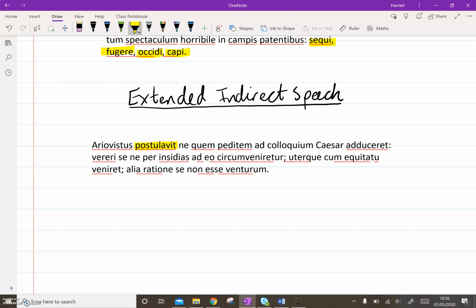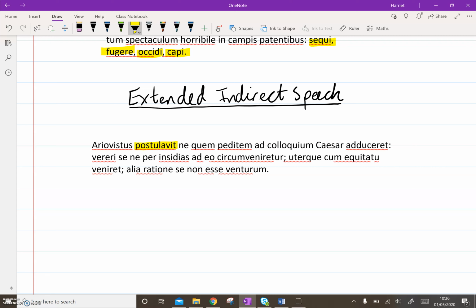So we've got Ariovistus demanded, etc. And he said that, vereri, he was afraid that. And then you have your fearing clause. So he was afraid that he would be surrounded by him through a trick.